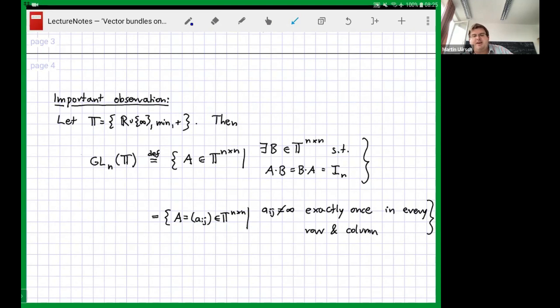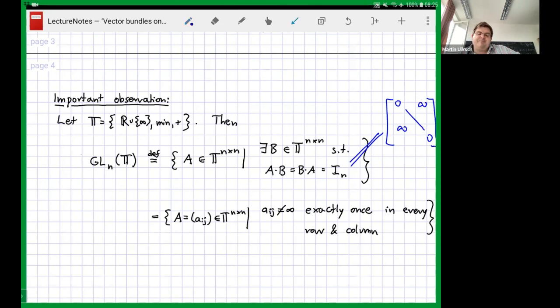And in this language, we can just naively define GL_n over the tropical numbers. It's the n cross n matrices A for which there exists a B, another n cross n matrix, such that A times B equals B times A is the identity matrix. Watch out, in our tropical logic, the identity matrix has zeros on the diagonal and infinity away from the diagonal, simply because zero is really 1 in tropical geometry and infinity is 0.